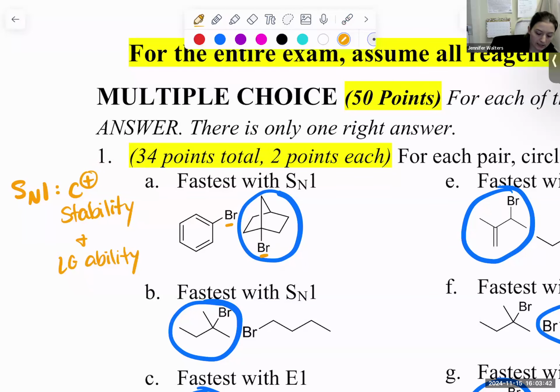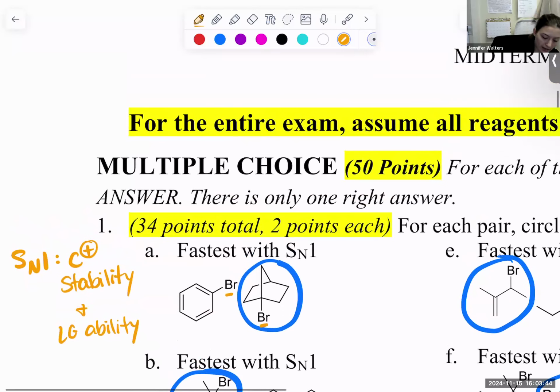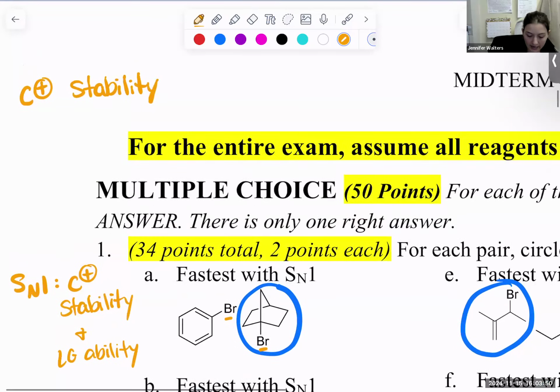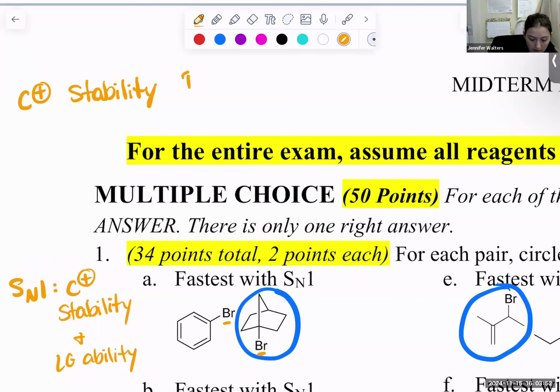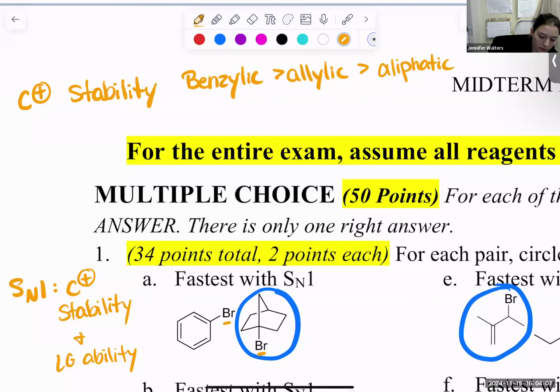So for our carbocation stabilities, remember that benzylic is better than allylic, which is better than aliphatic, which also follows within each of those that tertiary is better than secondary, which is better than primary.